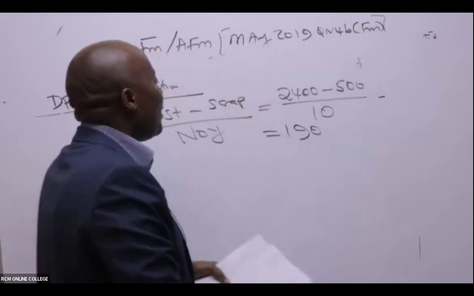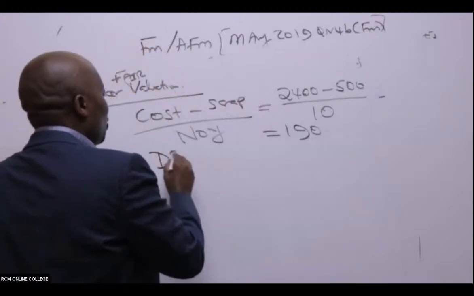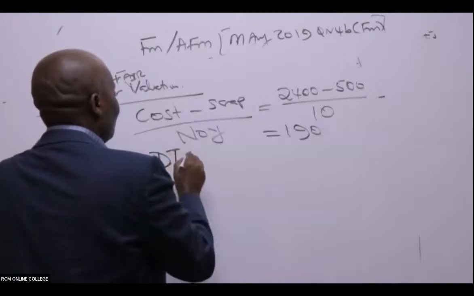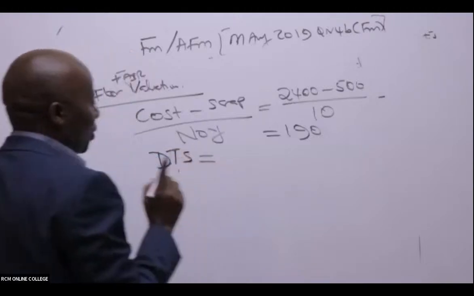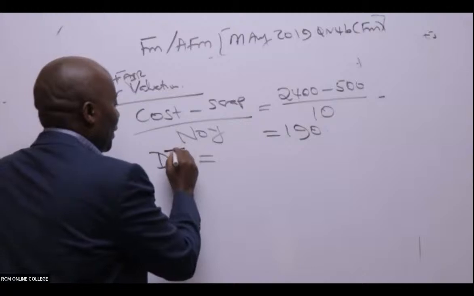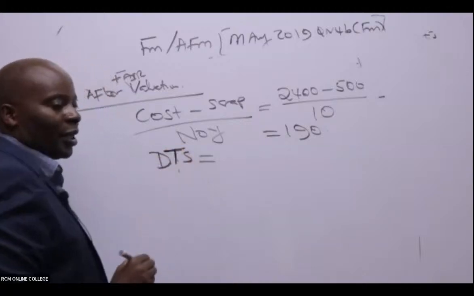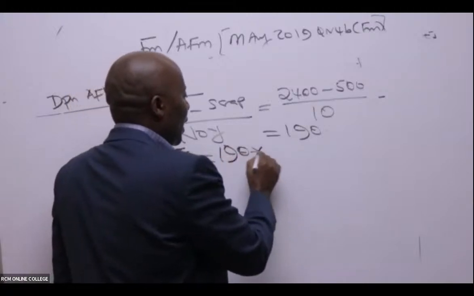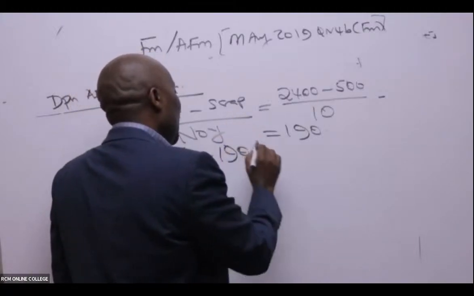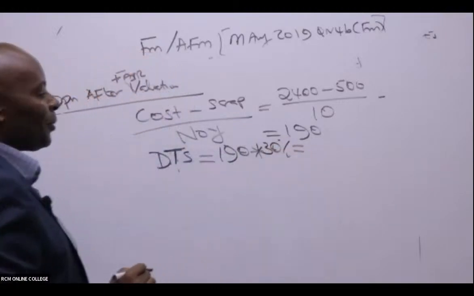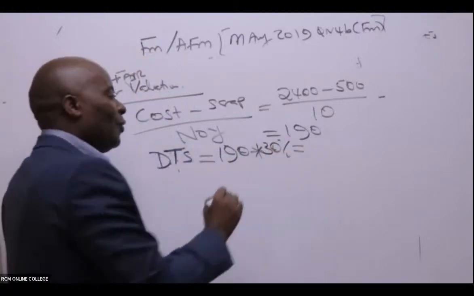So then go ahead and give me the depreciation tax shield. It will be 190 times 30%, which I'm being given as 57.